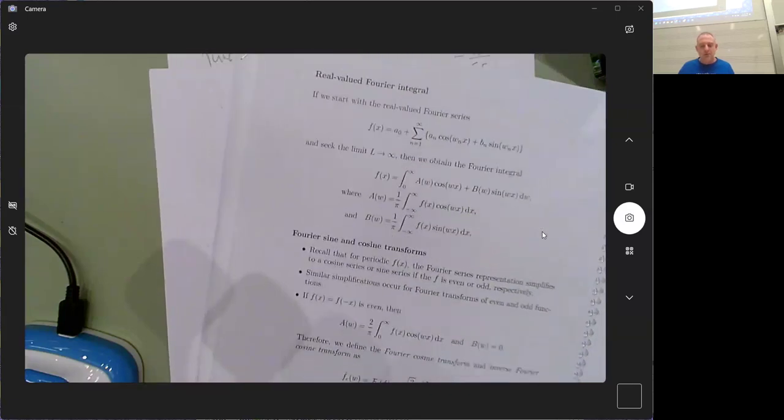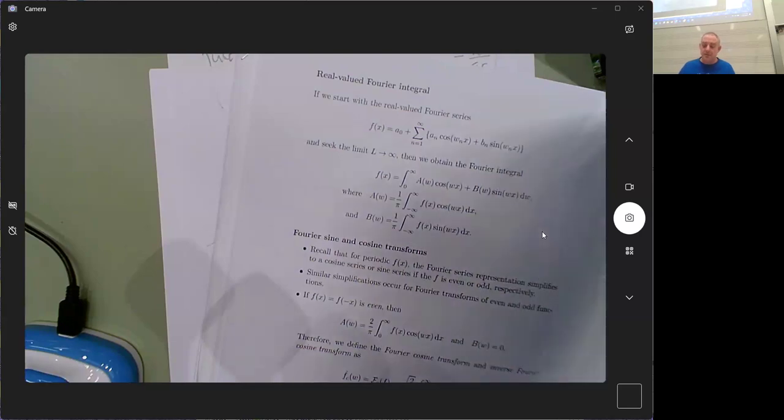So this is the real one where we have a Fourier cos and a Fourier sine transform. To understand the sort of derivation of conversion, possibly. Give me a sec.